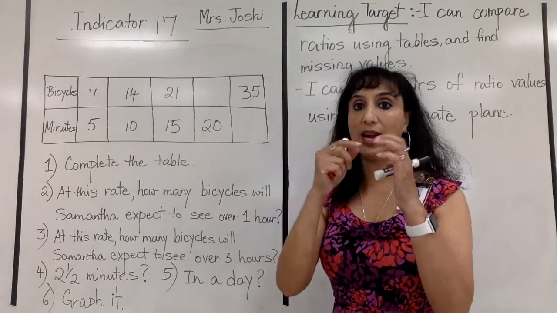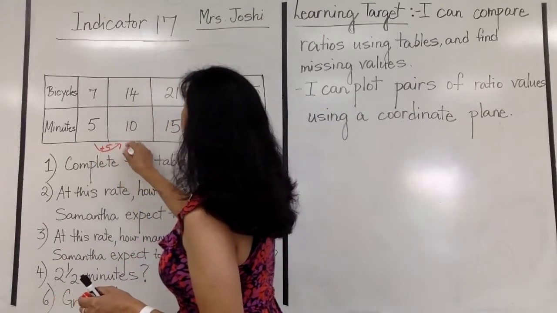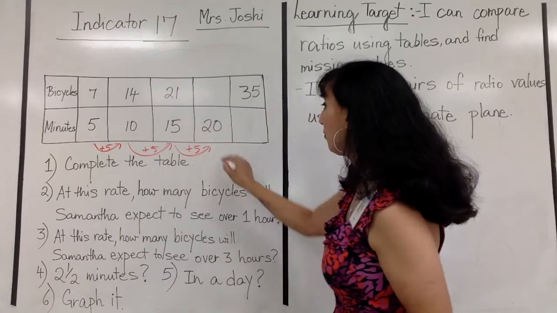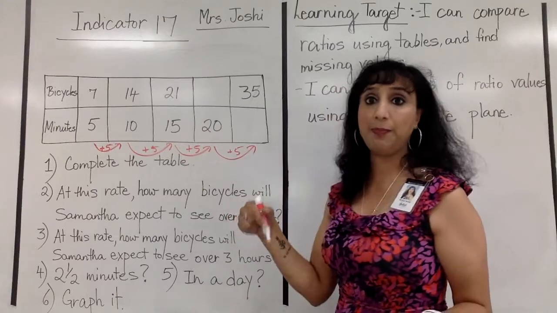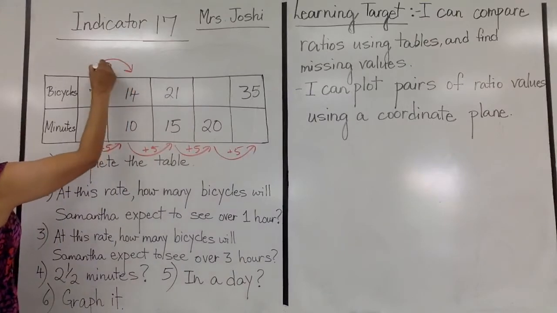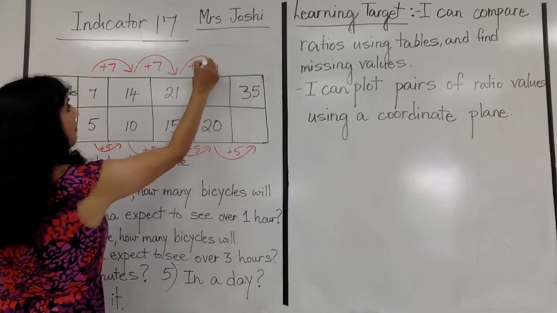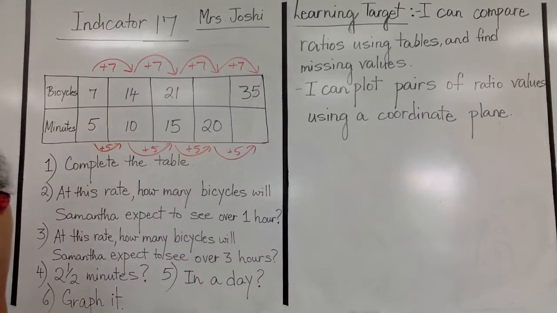So over here I have +5, +5, +5, and over here it is +7, +7, +7, +7. When you look at the pattern, that's going to give you the missing values.